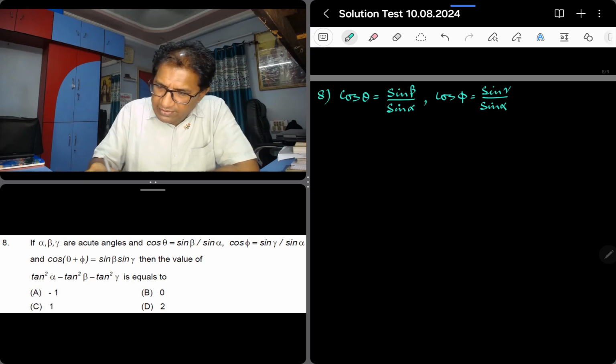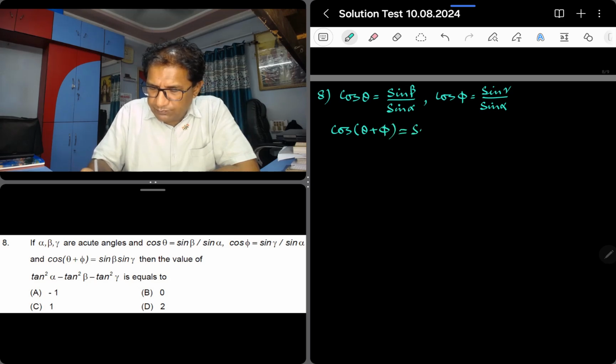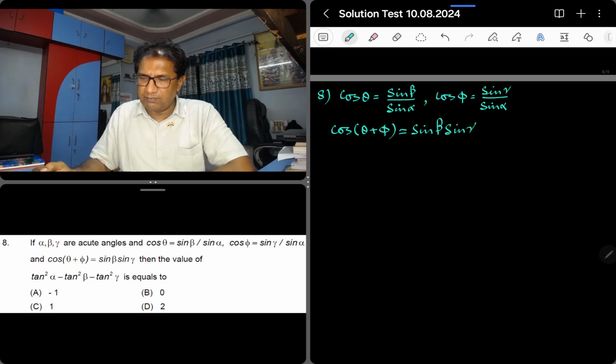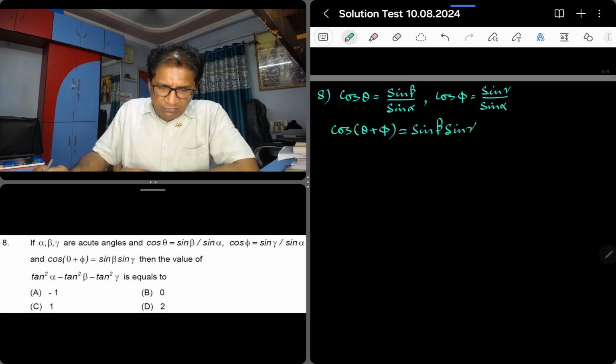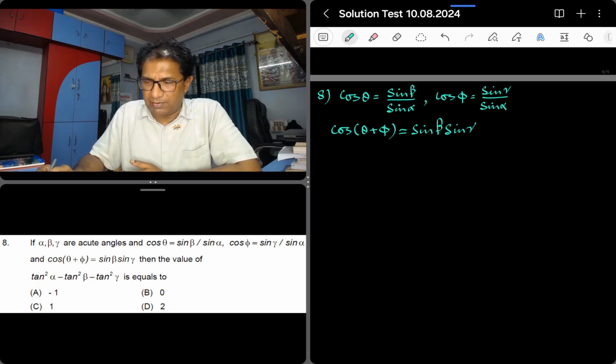And the second relation that is given to us is cos theta plus phi is sin beta sin gamma. Okay, and we have to find out the value of tan square alpha minus tan square beta minus tan square gamma.